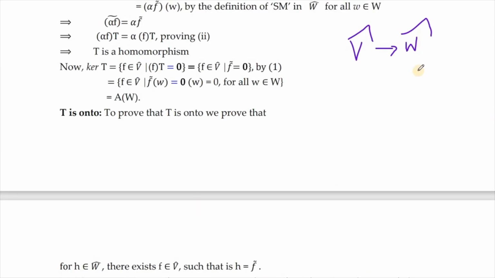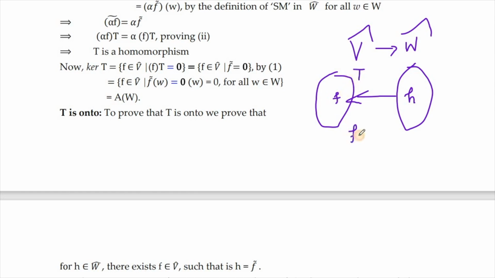So in W cap, you consider some H. For this H, you have to find in V cap a pre-image, one F, so that you will be able to have FT equal to H. That is, F tilde is equal to H. So this is what we need to establish in order to have T to be onto.